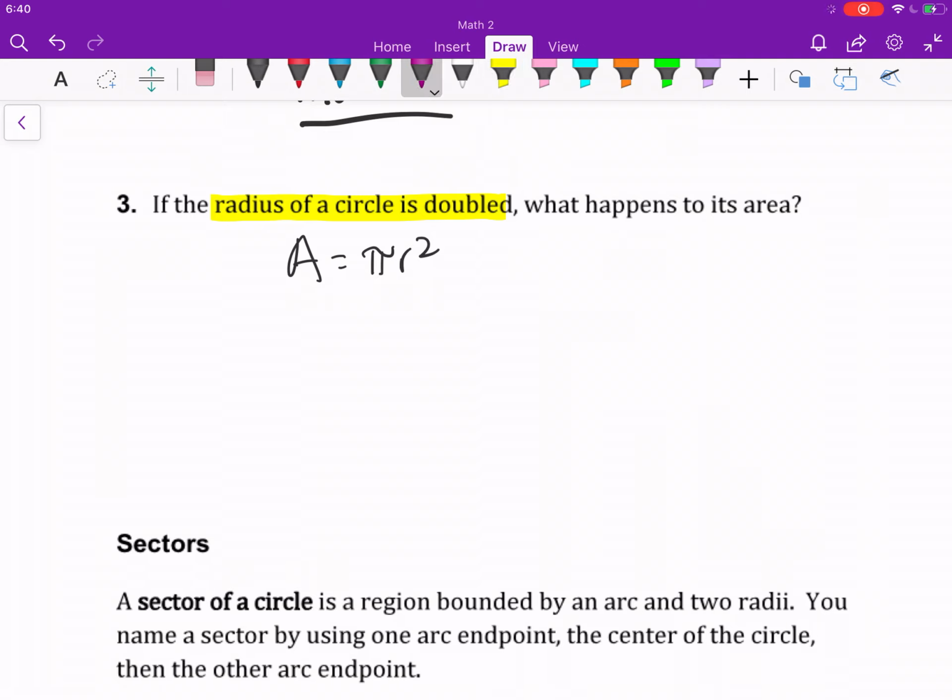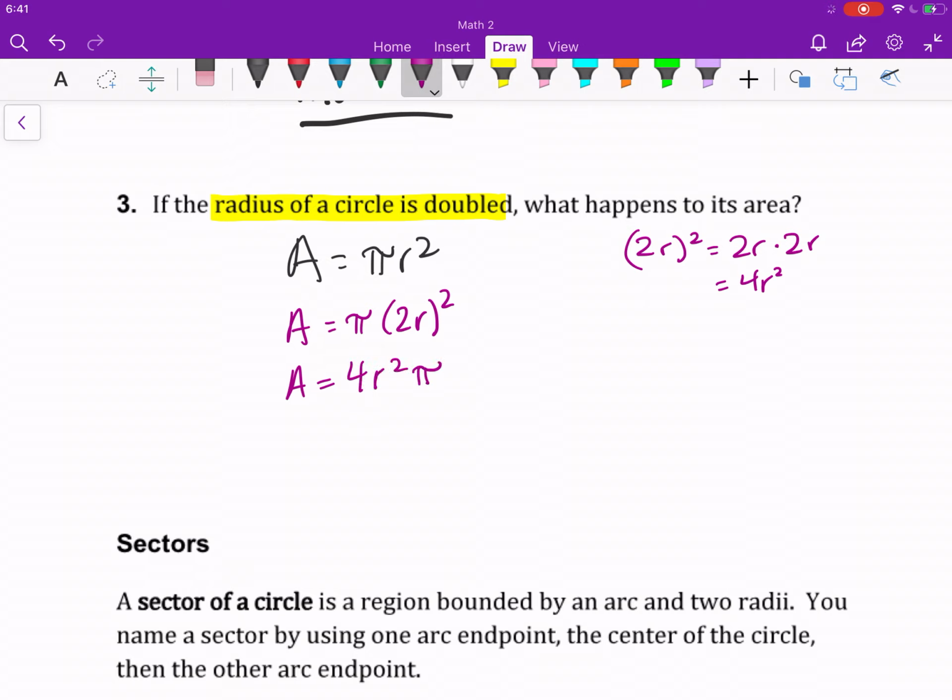So if our area is normally pi r squared and we double that radius, like so, well, if you square 2r, remember 2r squared is the same thing as 2r times 2r, or 4r squared. So our area would be 4r squared times pi, or I'm going to write it this way, 4 pi r squared.